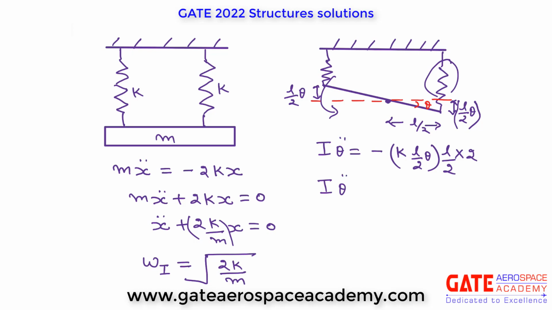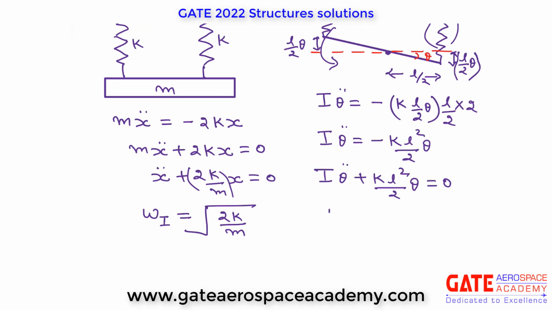So I θ double dot is equal to minus K L square by 2 into θ. I θ double dot plus K L square upon 2 θ is equal to 0. θ double dot plus K L square upon 2I θ is equal to 0.